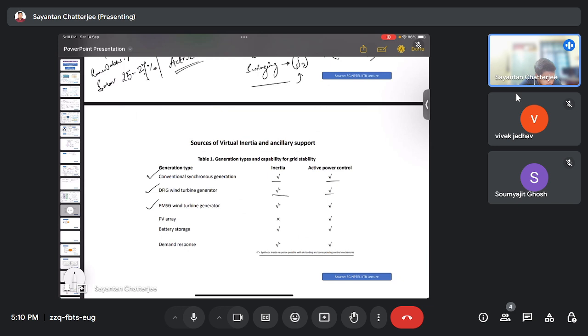PMSG same. PV here is a big no. Battery storage, yes, it can do both, like these synchronous generators. So another part that we will emphasize in the upcoming 3-4 slides is the demand response.